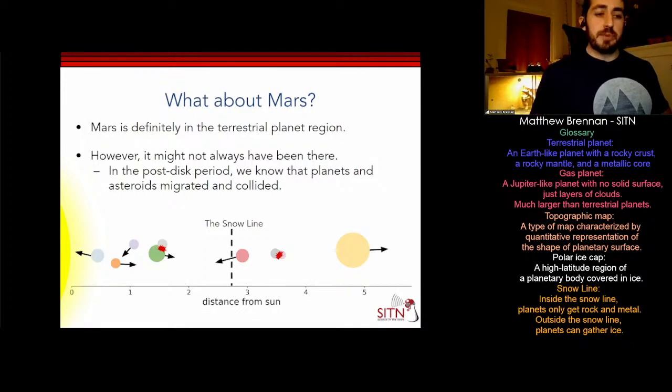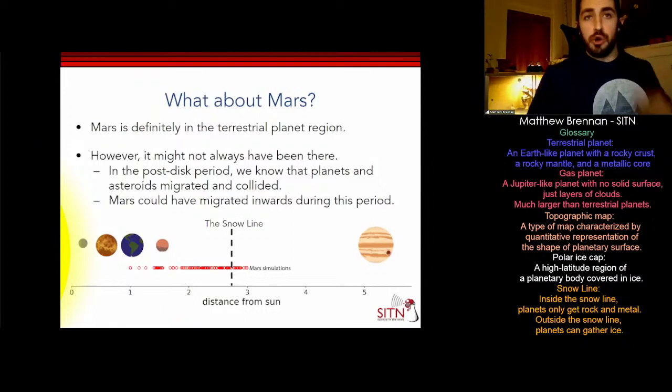And in fact, it's possible to do computational simulations of the dynamics of these bodies. So you can do simulations of this chaotic period and try to predict where the planets were most likely moving. And when you do this, you find that you very rarely form Mars near its current orbit. So these are the current orbits of the planets. And you can see that very few of these simulated Marses actually match the current orbit of Mars.